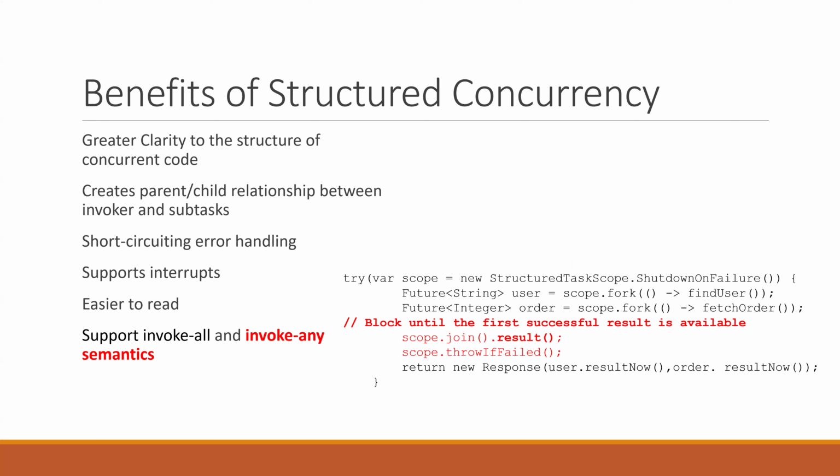So wait a sec, I thought the scope.join waited for everything. But the result here makes it so I'm waiting for just one result. And once I get it, then I'm good to go. Yeah. So join says yes, result says I'm just going to grab one result out of my subtasks.